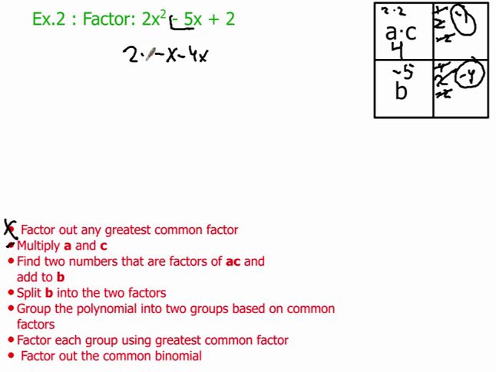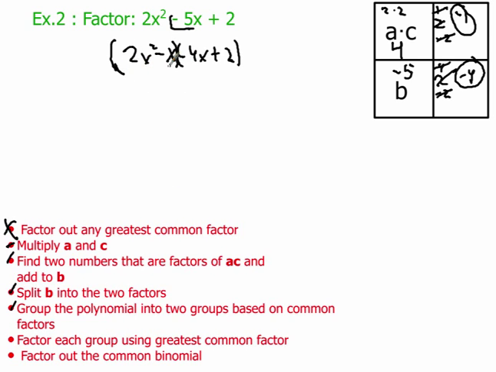So I've got 2x squared minus x minus 4x plus 2. Go ahead and group my last two terms. Make sure I bring in the negative sign and my first two terms. Now let's go ahead and figure this out. I've done this step, I've done this step, I've done this step. I need to factor each one of these using greatest common factor.